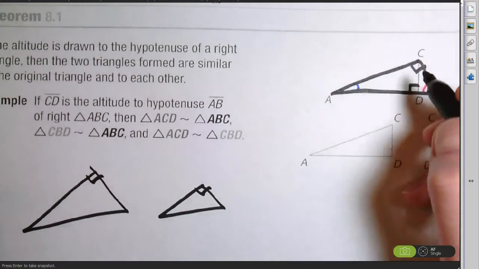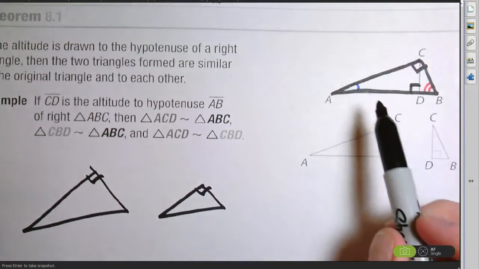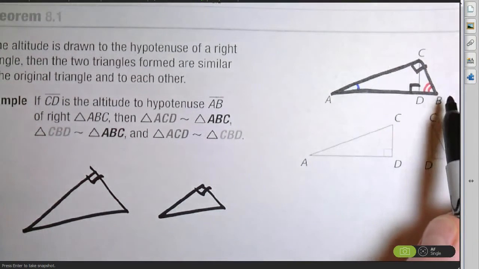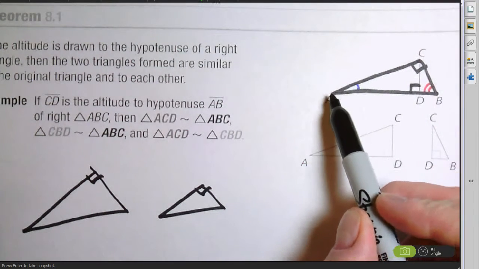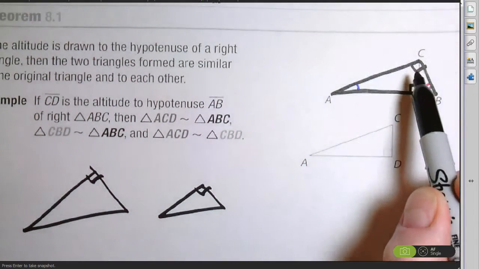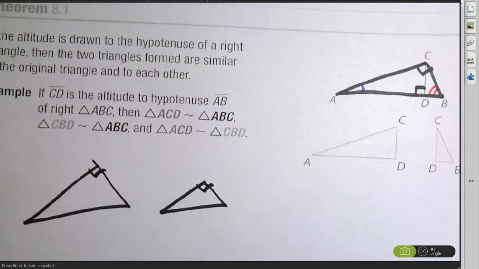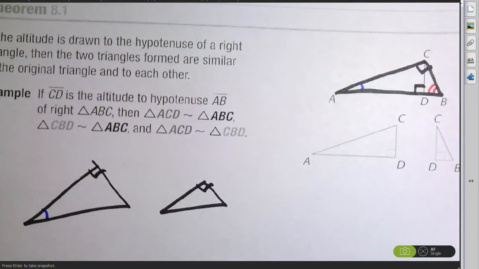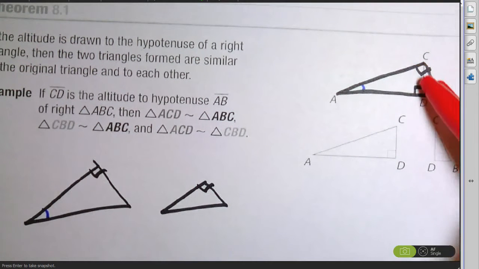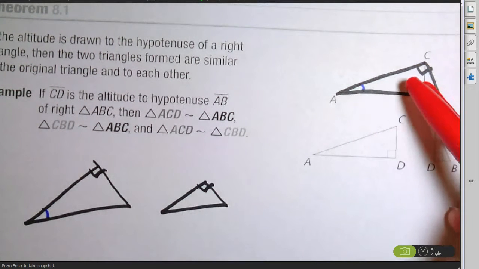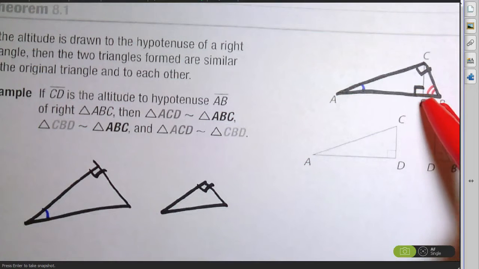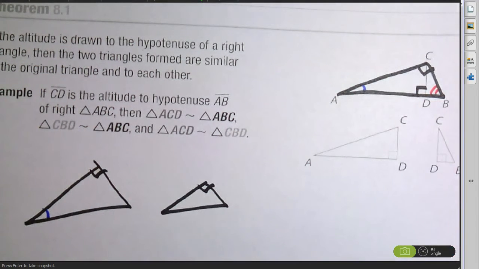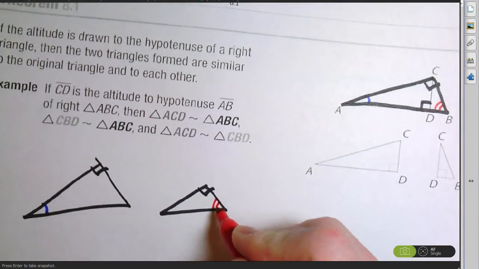And this is the key: the big triangle has the single blue and the double red, but this guy right here only has the single blue. So on one of these triangles, just put in the single blue. The other triangle, the small guy, doesn't have the single blue. That's in the bigger triangle. It just has the double red. So put the double red in its bottom corner.